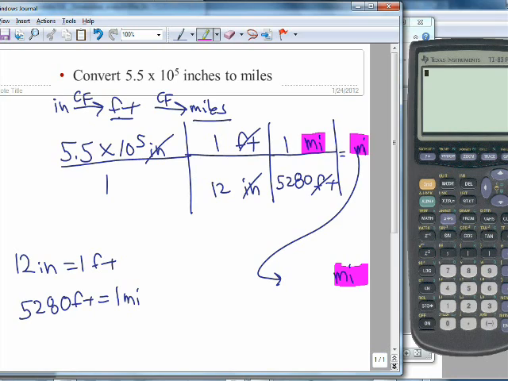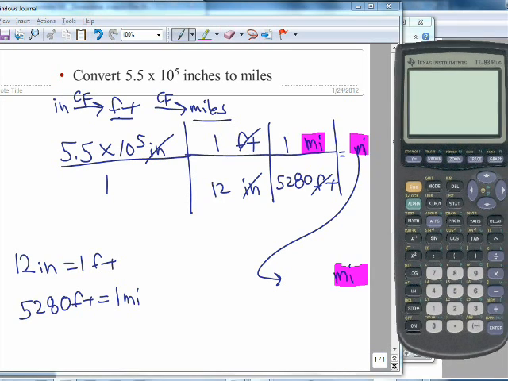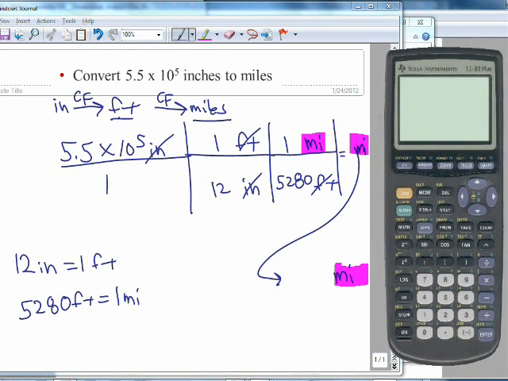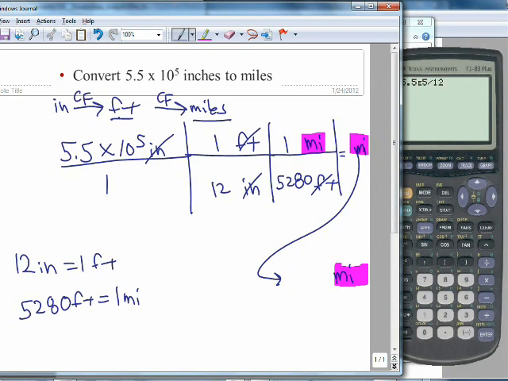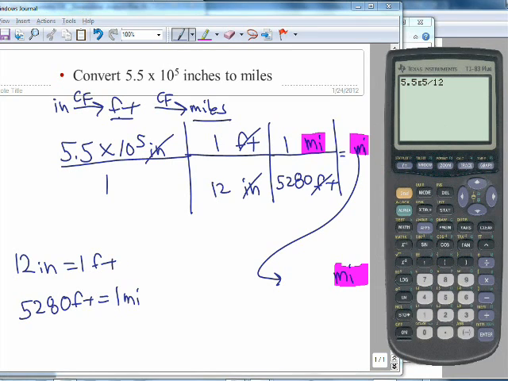Now all we have to do is multiply and divide. So let's take 5.5 times 10 to the 5th. A little tricky, we don't multiply it by 5,280. We divide it by 5,280, because it's on the bottom.